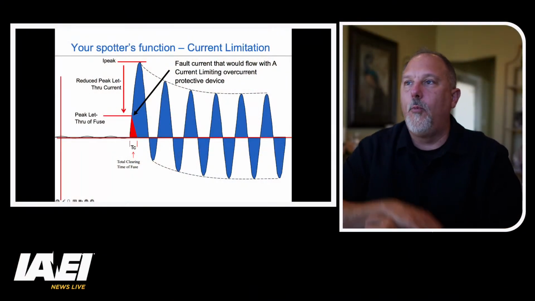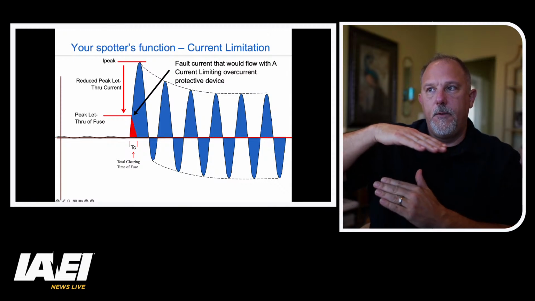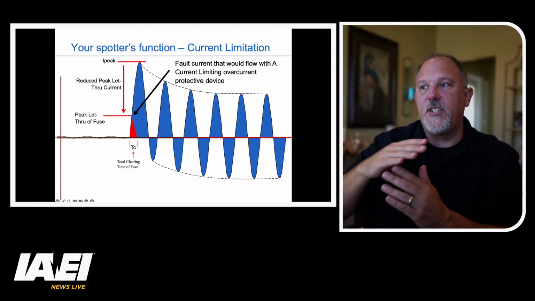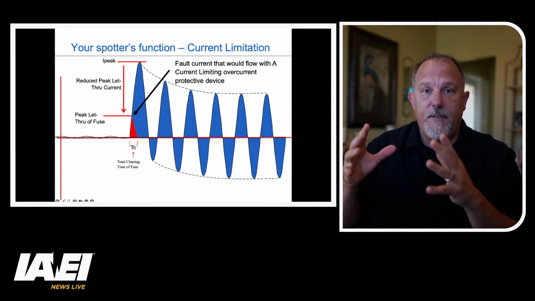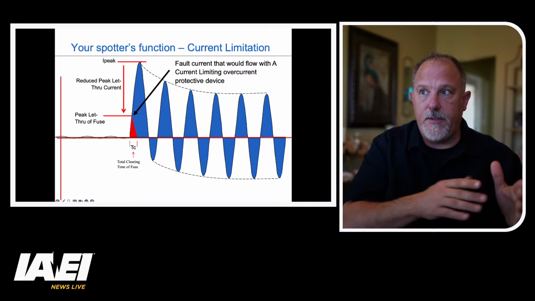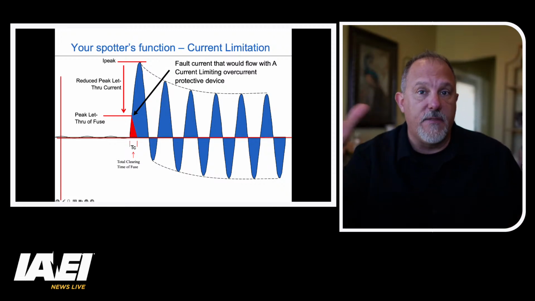So here is a waveform that your control panel would see if you did not stop the flow of current. If you didn't have a circuit breaker or a fuse ahead of it, what's in blue would be seen by the piece of equipment.